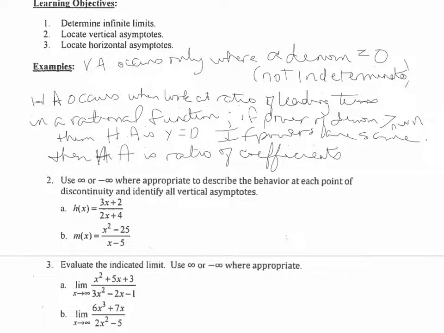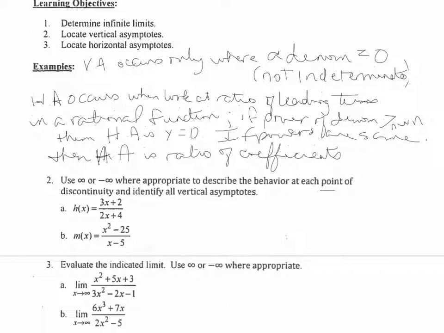We need to see if we have a limit that is approaching either positive infinity or negative infinity. We need to see if we have a vertical asymptote and if we have a horizontal asymptote. So on these, let's first see if we can identify what would be the behavior that would occur. Well, first of all, let's see if we've got any points of discontinuity.